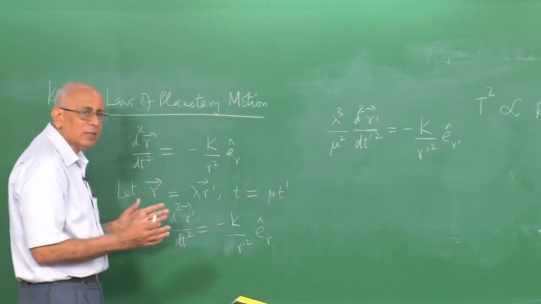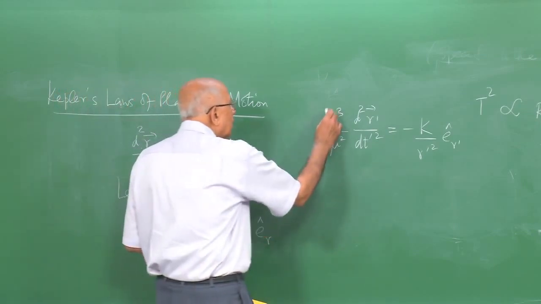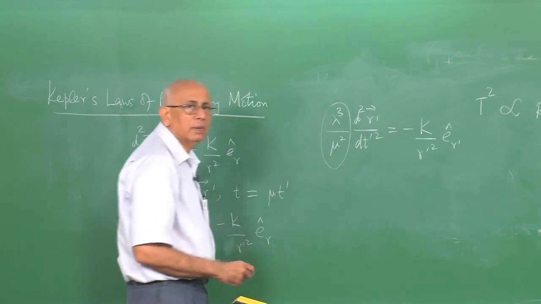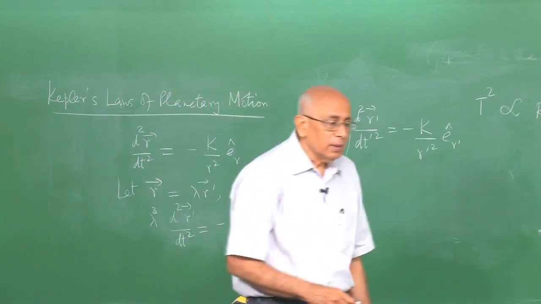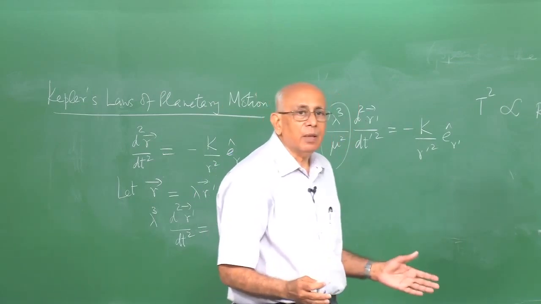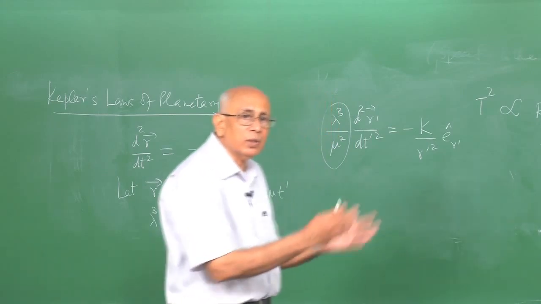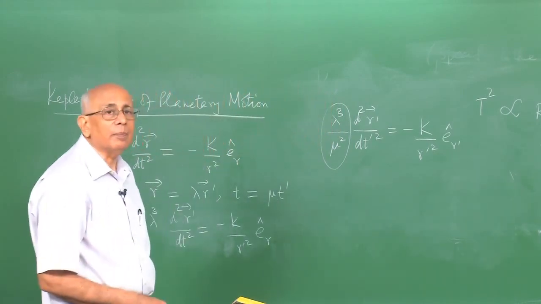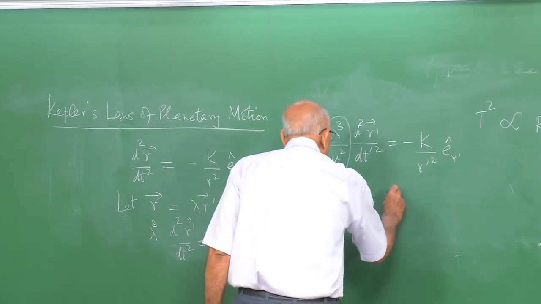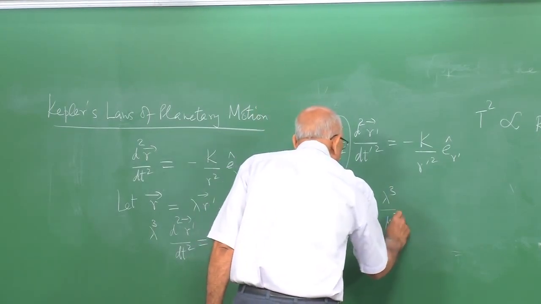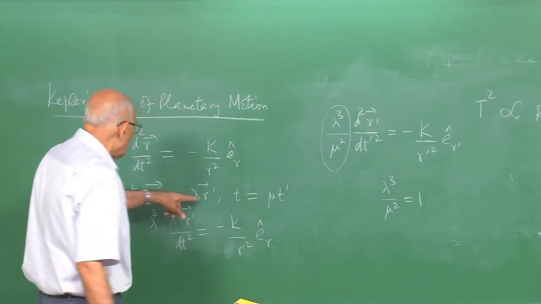The same physics is going to be described, except that I have this extra multiplicative factor here. If this factor is set equal to 1, then the physics is unchanged completely, as it should be under this redefinition of units or scales of length and time. Lambda cubed over mu squared equal to 1 implies that, now what is lambda?